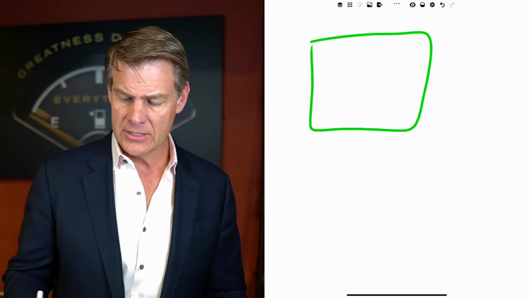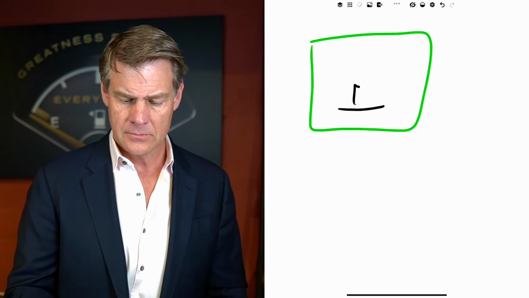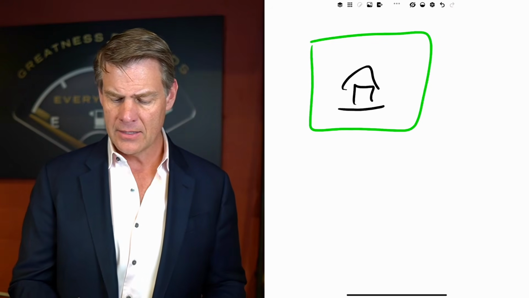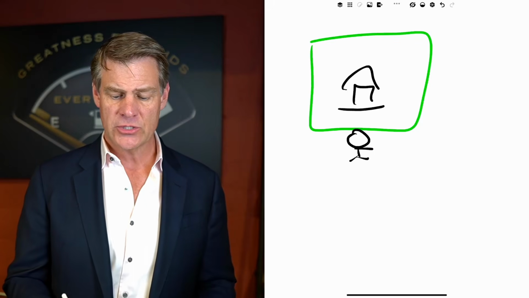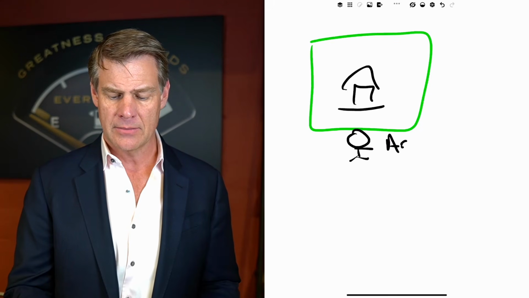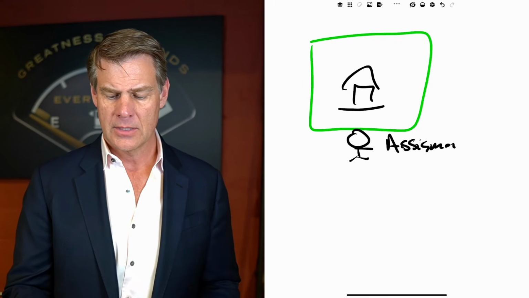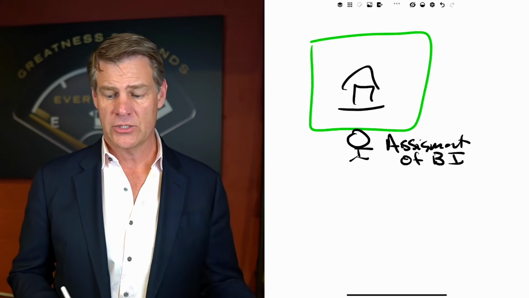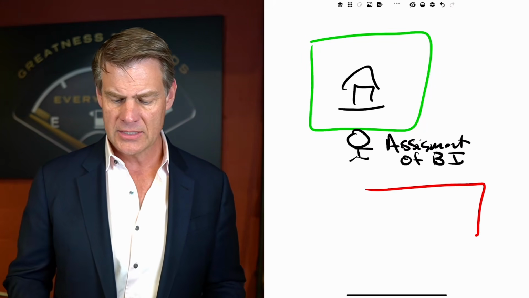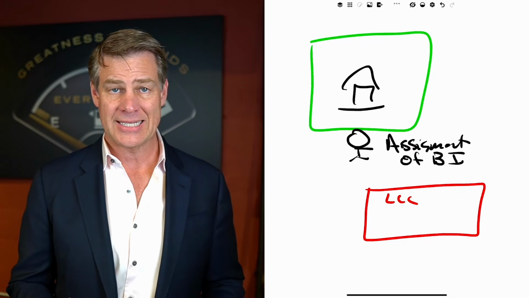Once we have our property in our trust, and it's held inside of here, then Tim, as the beneficiary, needs to transfer his ownership interest. It's called an assignment. Assignment of beneficial interest, I'll just call it BI, to the limited liability company that he set up.